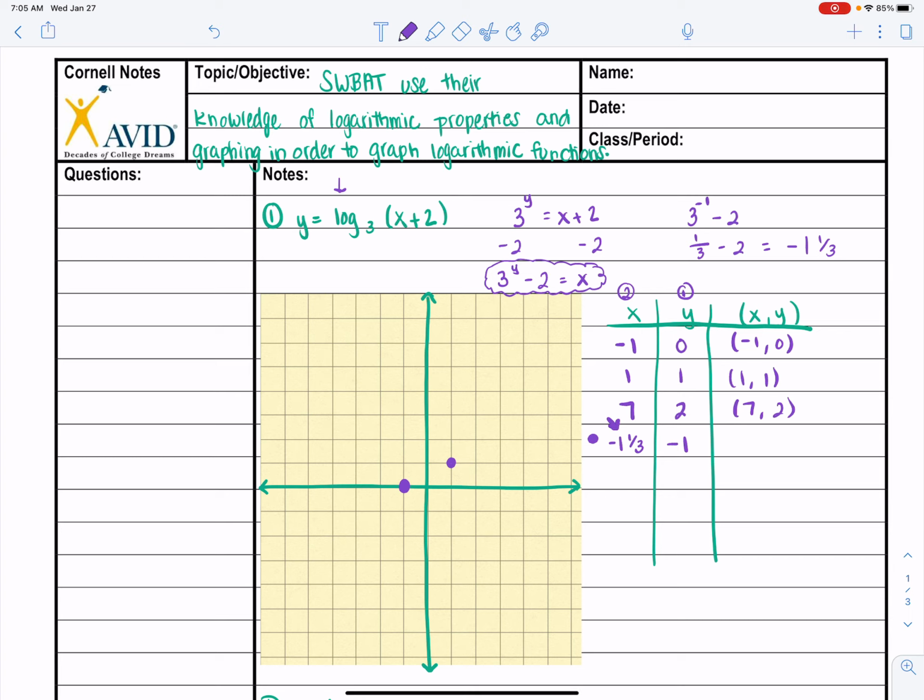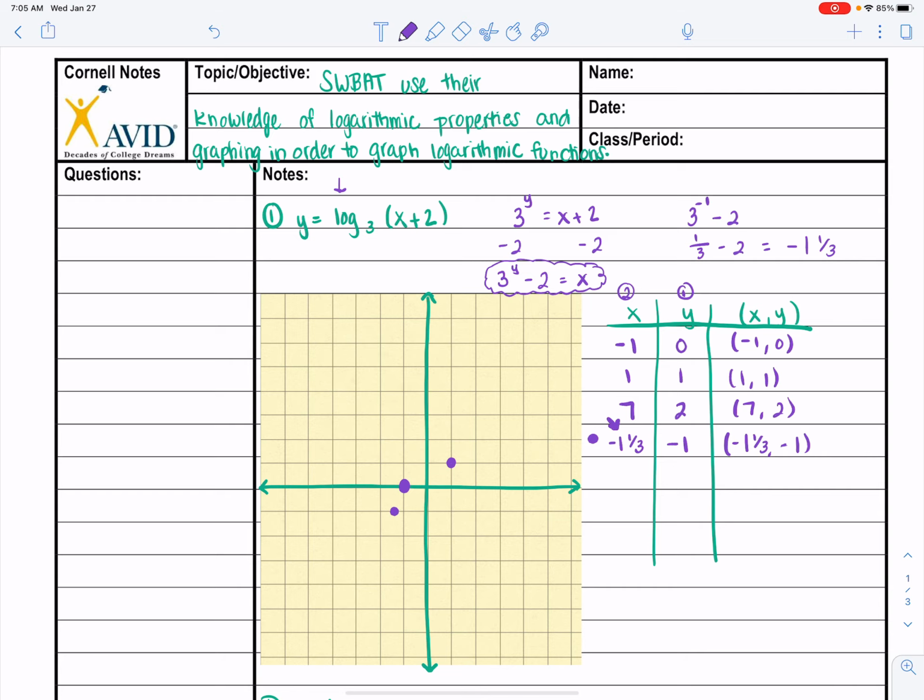If you like mixed numbers, use them. If you like just straight up decimals, use them. If you like improper fractions, that's fine. You just need to know where to put that on the graph. So if you understand where negative 1 1/3 is, then use the mixed number. So negative 1 and a little more, and then y is negative 1.